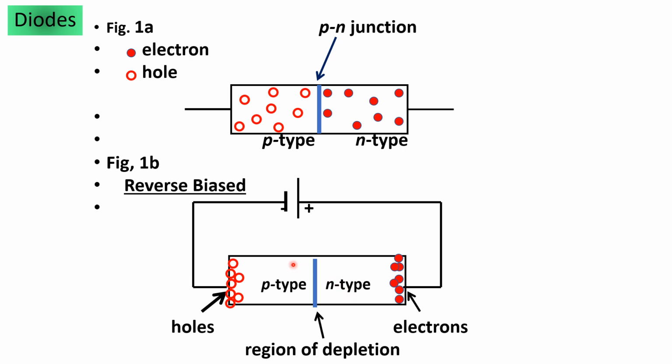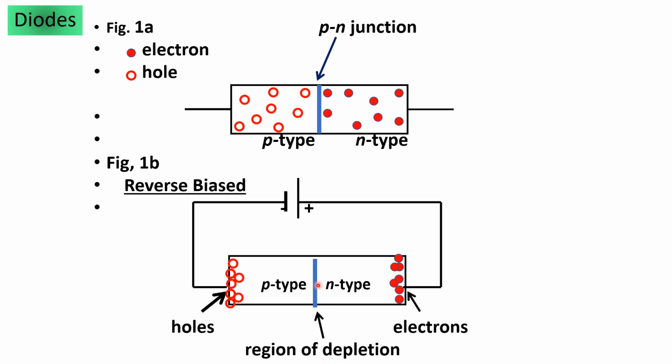What happens to the charge carriers such as the holes and the electrons? Each charge carrier, meaning the holes, will migrate to this end of the p-type material. They tend to accumulate on this side, while the electrons in the n-type material also migrate towards the right end of the diode, leaving behind what we call a region of depletion.